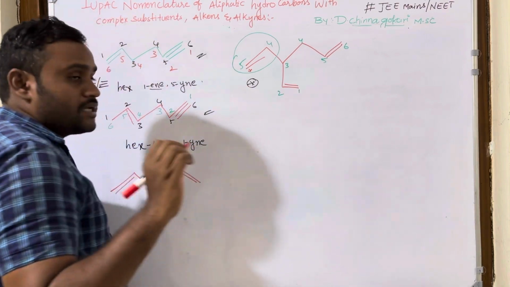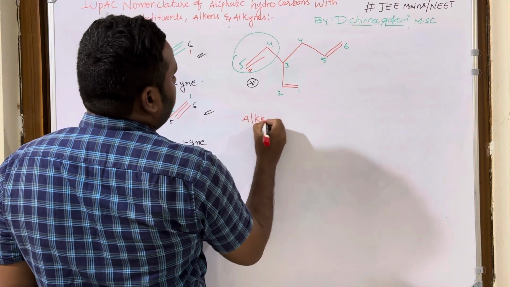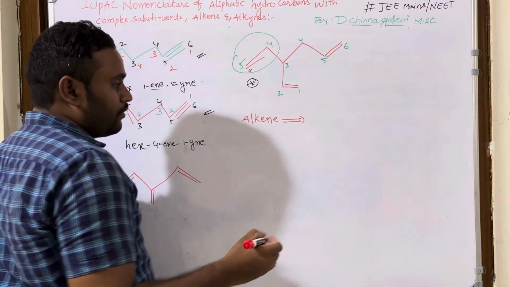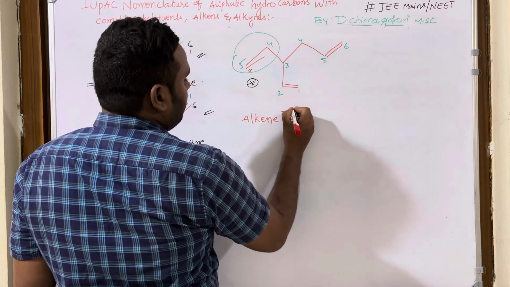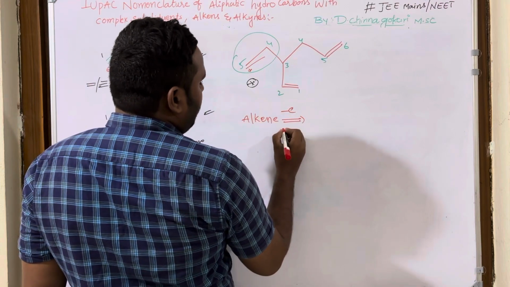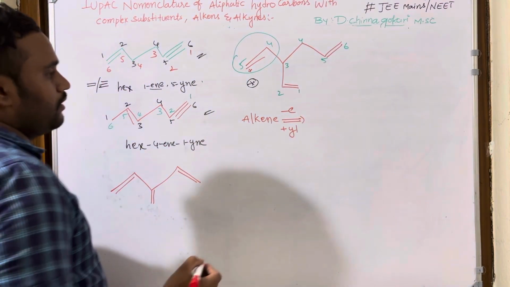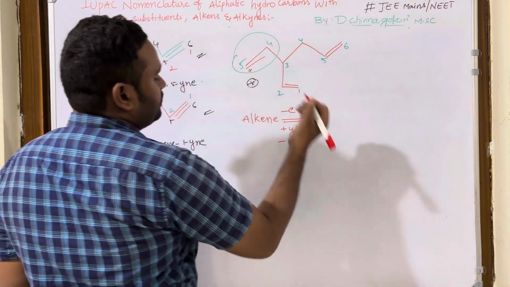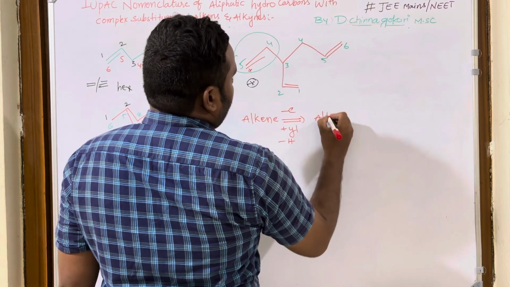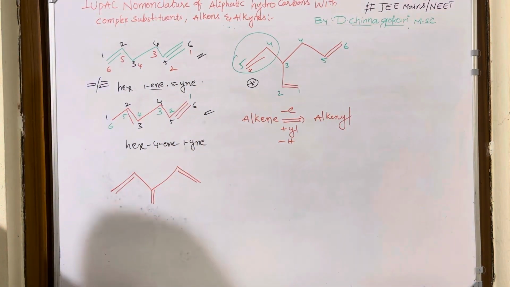When alkene is a substituent, we are going to remove e, and we are going to add yl, and remove hydrogen. So what is the name of this substituent? Alkynyl.